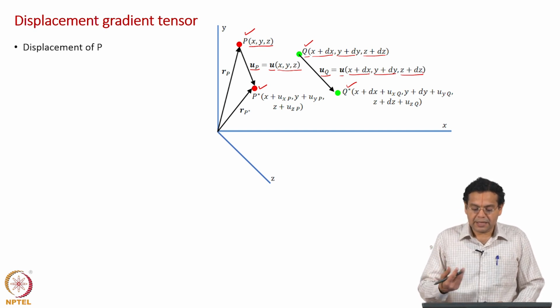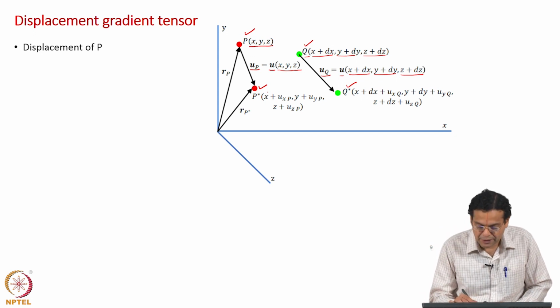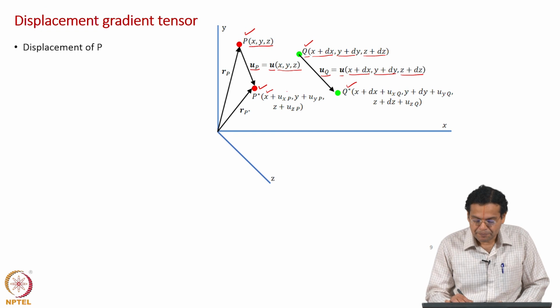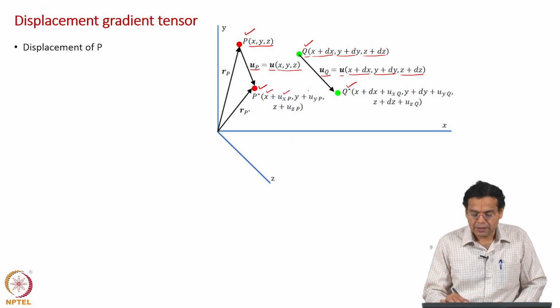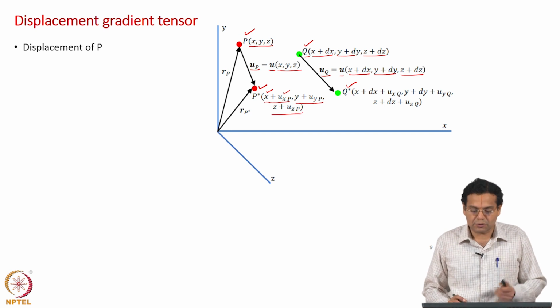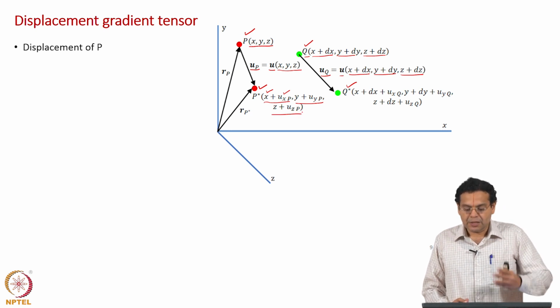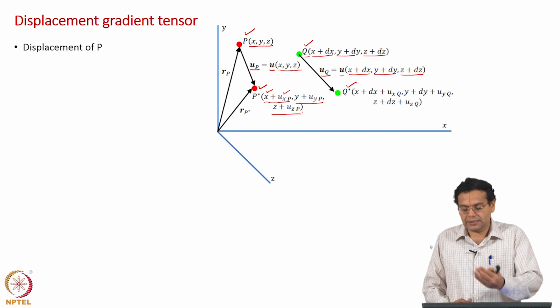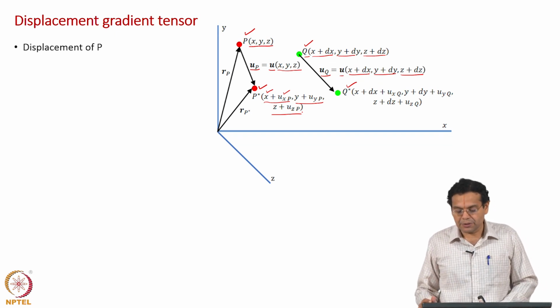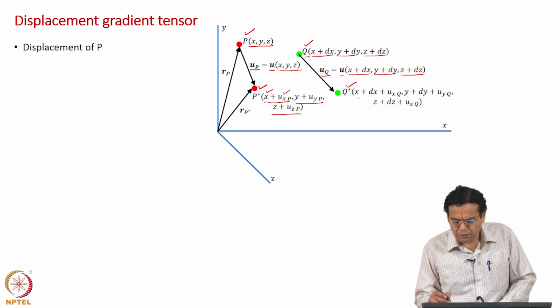Now, what is P star? P star is the new position. As we have seen earlier, how do you find it? The old coordinate plus the displacement. Similarly for x direction, y direction, z direction. The old coordinate is x, and the displacement in the x direction is u x p, similarly for y direction and z direction. Now, coming to Q star, what is the new coordinate?